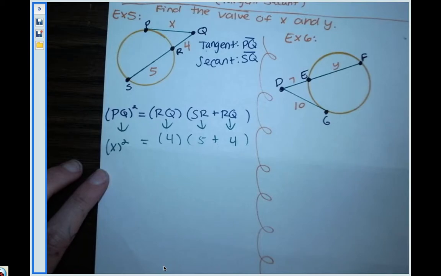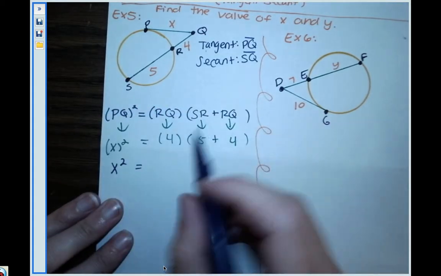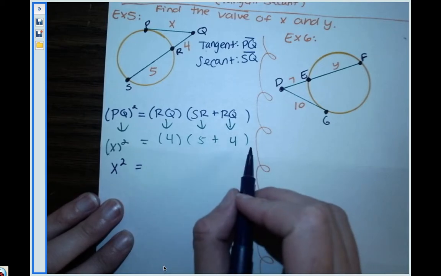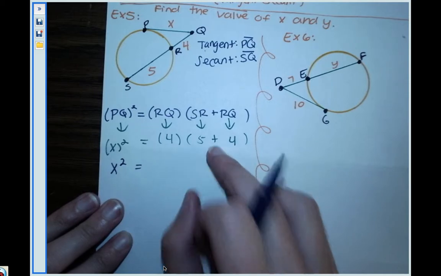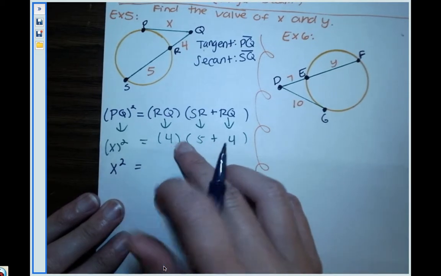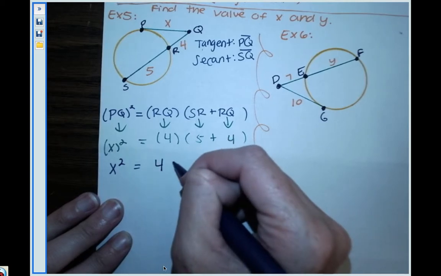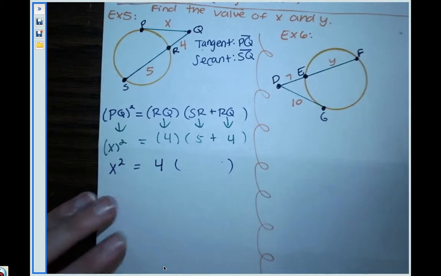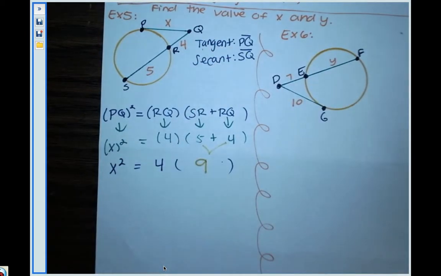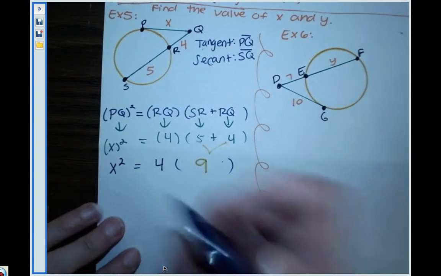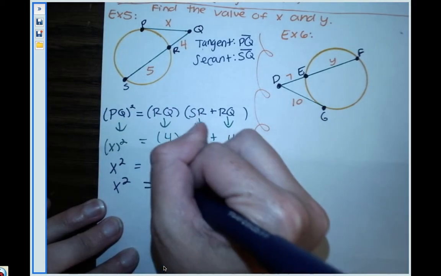So X squared equals, okay, you can distribute the 4 through, or you can simply add that together and multiply, which in this case, I think that's going to be easier. So it's going to be 4 times 5 plus 4, which 5 plus 4 will give me a 9. All right, let's keep going. So we got X squared equals 4 times 9, which is 36.